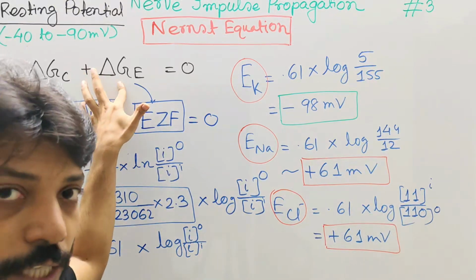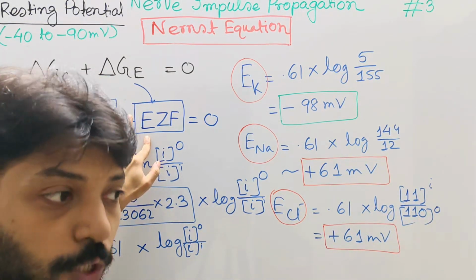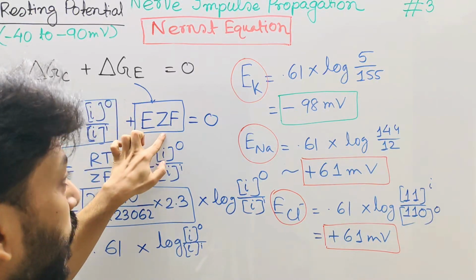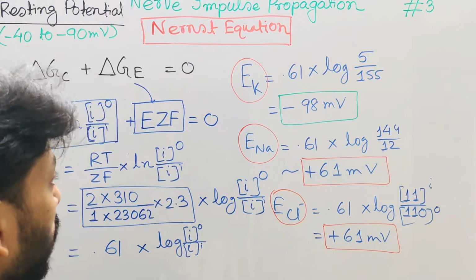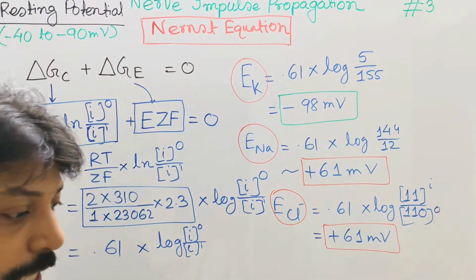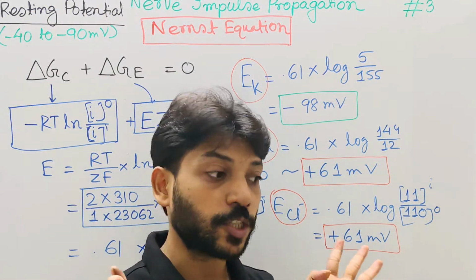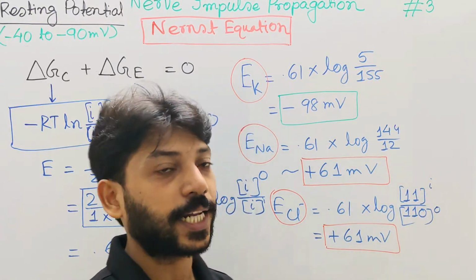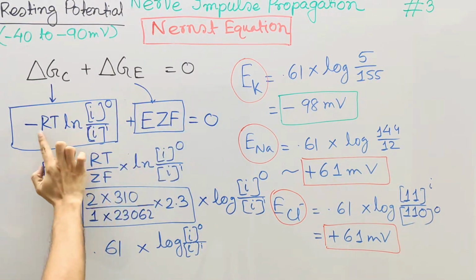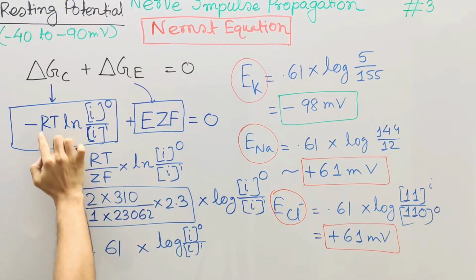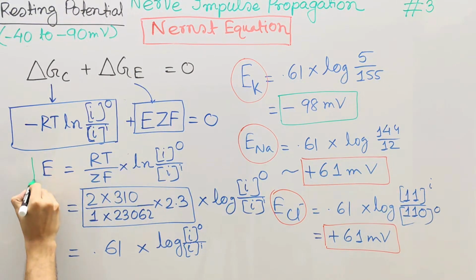And for delta G for E, there is E, the electric potential or equilibrium potential, you can say. Z is the valency and F is the Faraday constant. Now the sum becomes 0 because under certain conditions the two forces just balance each other, or equilibrate. That's why the value becomes 0. Now if we exchange this, the minus RT ln becomes positive, and if we divide by ZF, we get the value that is the equilibrium potential.